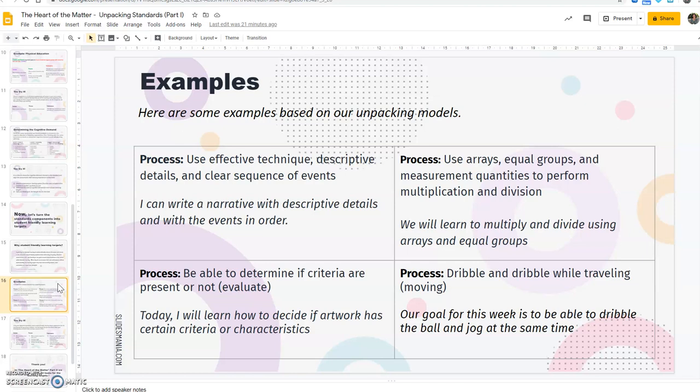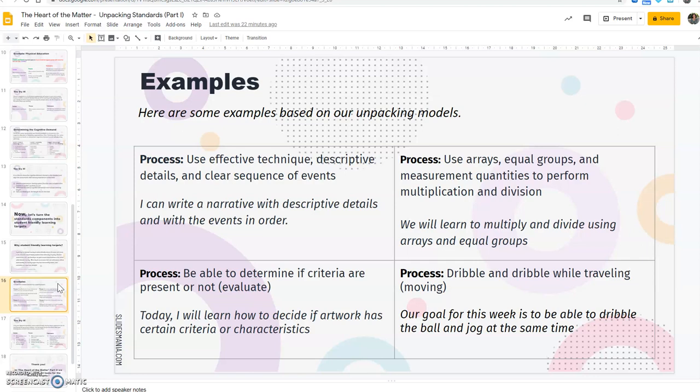For the visual arts, I said, today I will learn how to decide if artwork has certain criteria or characteristics. For PE, the student-friendly learning target says, our goal for this week is to be able to dribble the ball and jog at the same time.